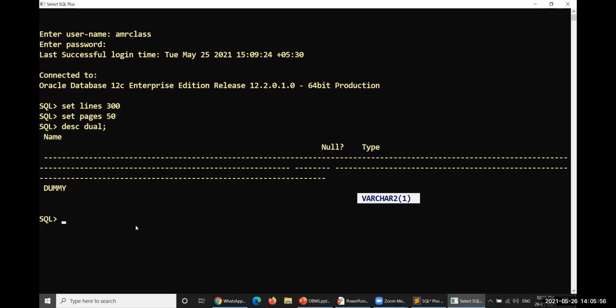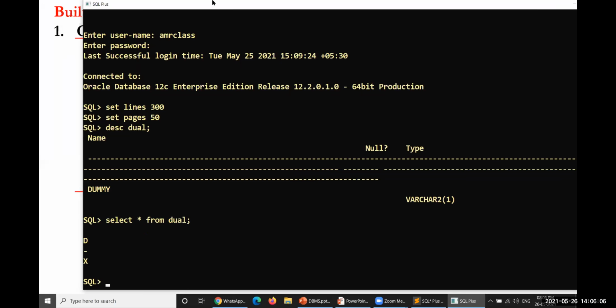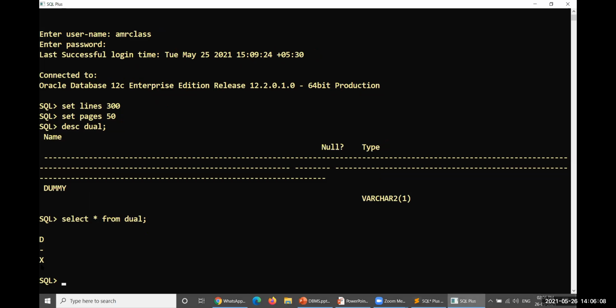Then if you SELECT * FROM DUAL, you could see the value X there. Nothing else is in this table, unlike EMP and the other tables we created previously. No data will be available.